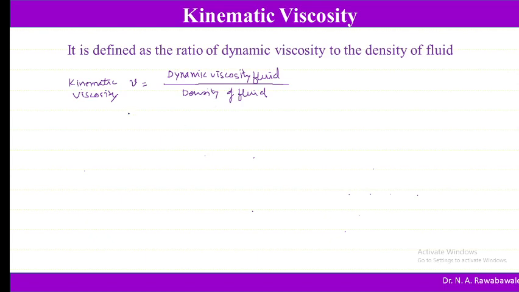Kinematic viscosity is equal to dynamic viscosity divided by mass density. So nu is equal to mu divided by rho.